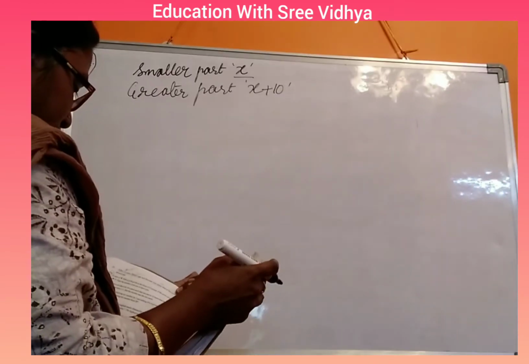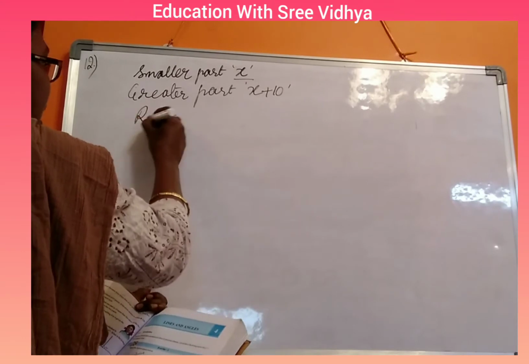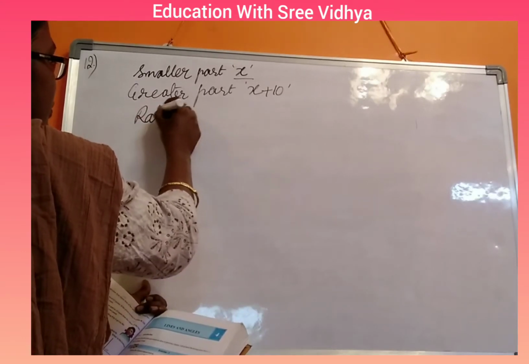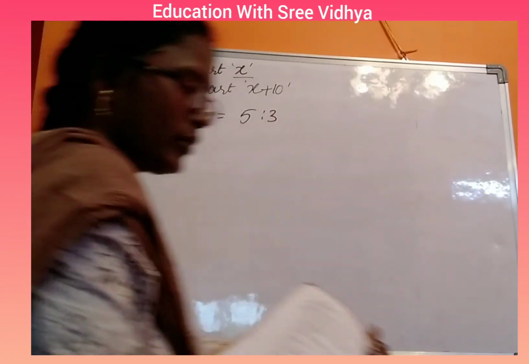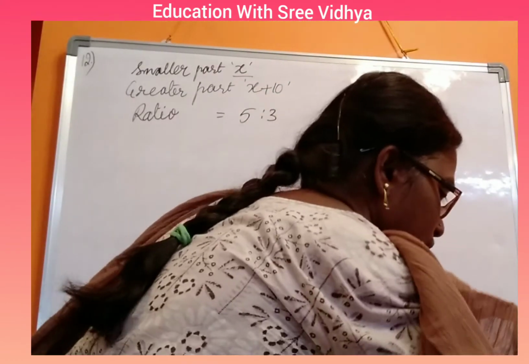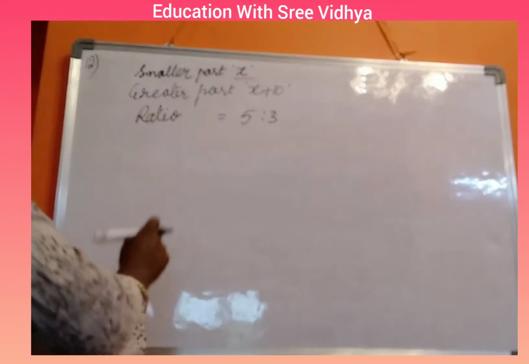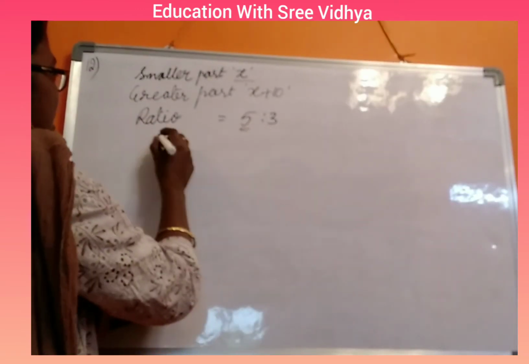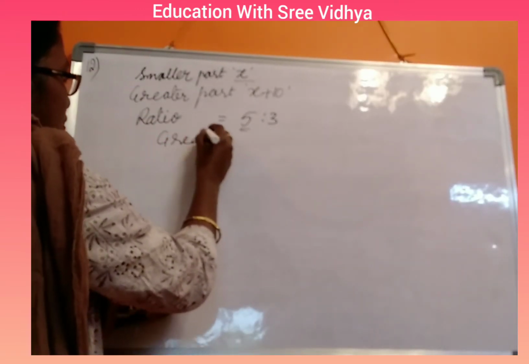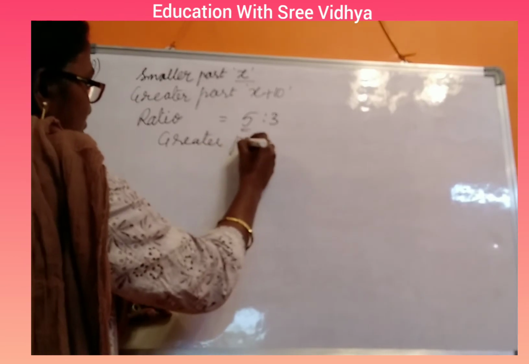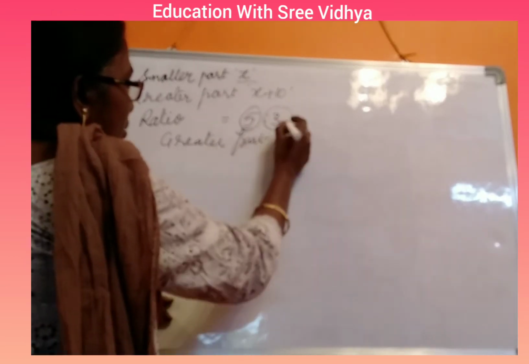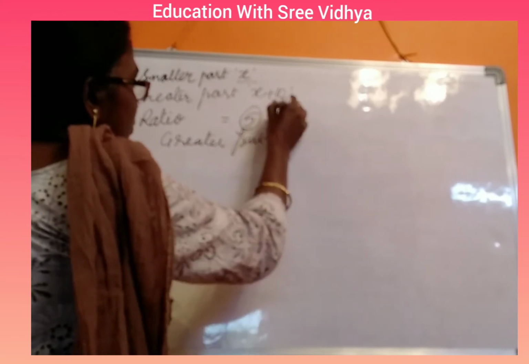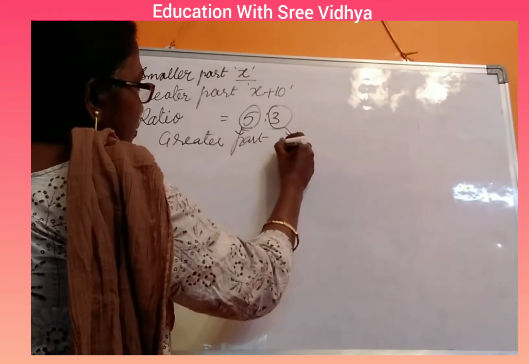Then the ratio of the parts is given as 5:3. I mean 5 is the greater part and the smaller part is 3.